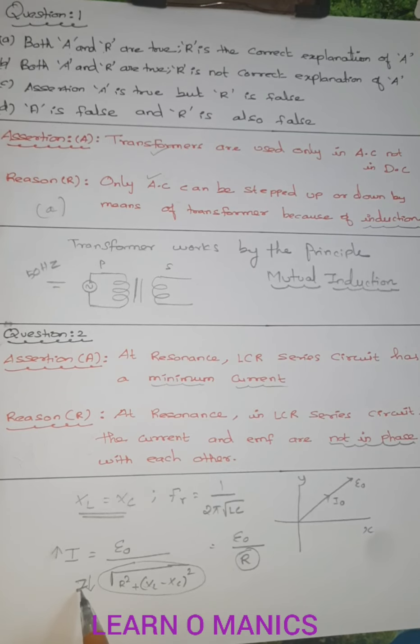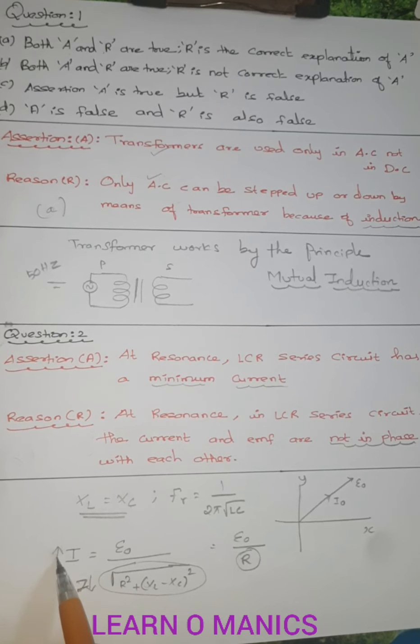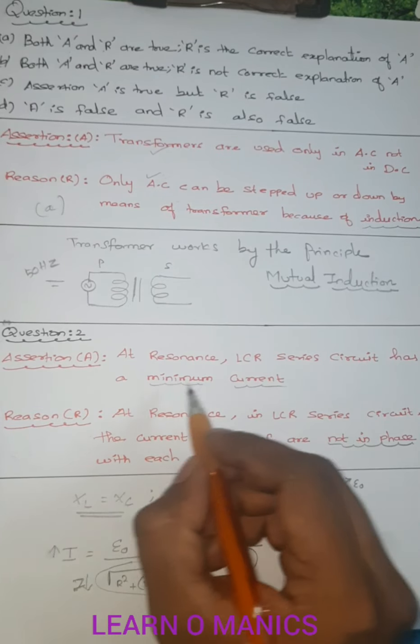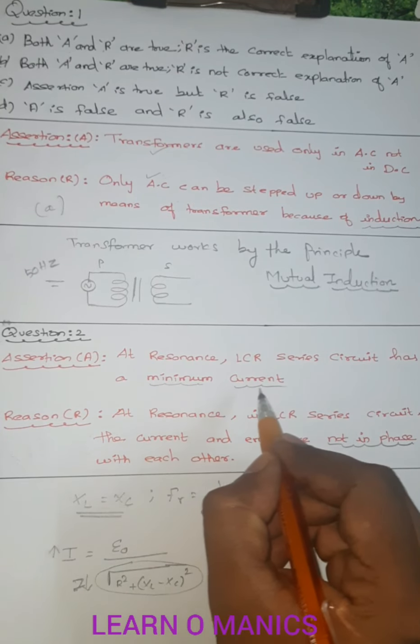That means the circuit works only under the effect of resistance, so the impedance is less. If the impedance is less, the current will be high, because current and impedance are inversely proportional to each other. When the impedance is less, the current will be high. That means the first statement, the assertion, is wrong, because here it is given as minimum current.